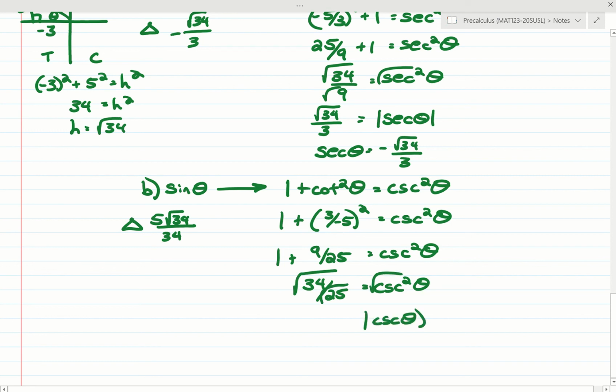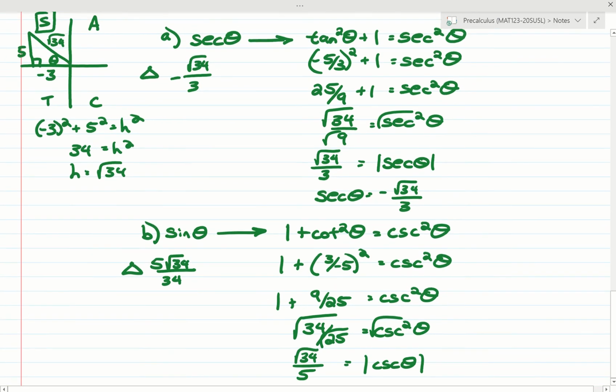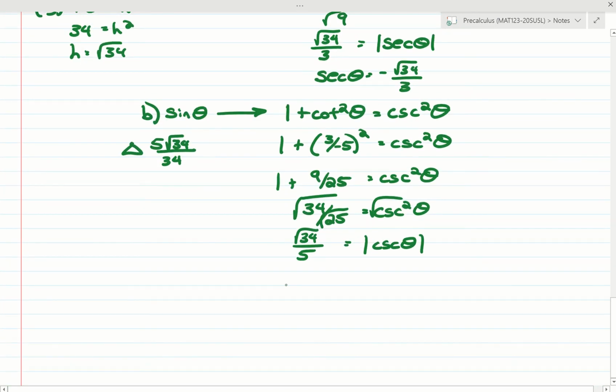When we take the square root of this fraction, we get the absolute value of the cosecant of theta, which would equal root 34 over 5. And because we're in quadrant 2, sine and cosecant are positive, so we get that the cosecant of theta would equal positive root 34 over 5. But the question did ask for sine.